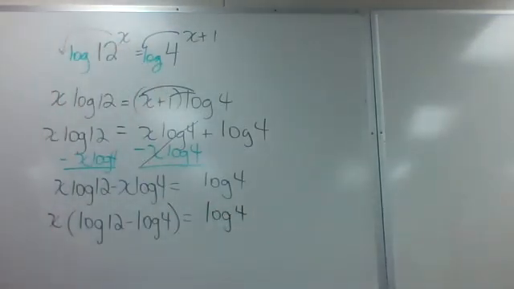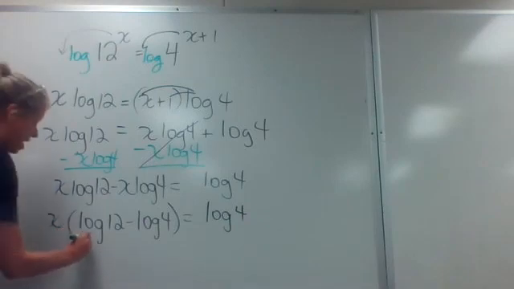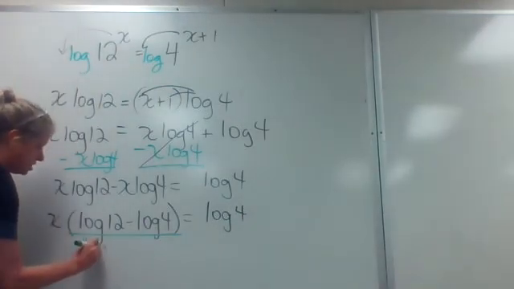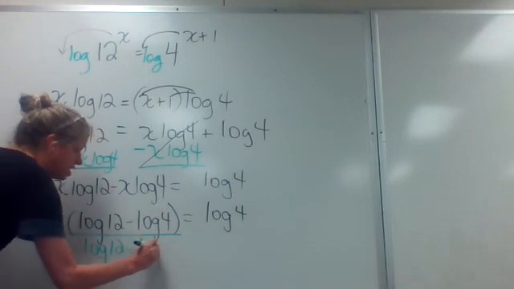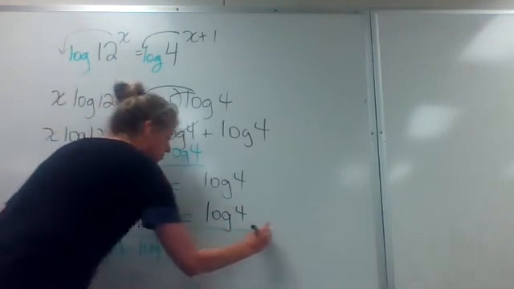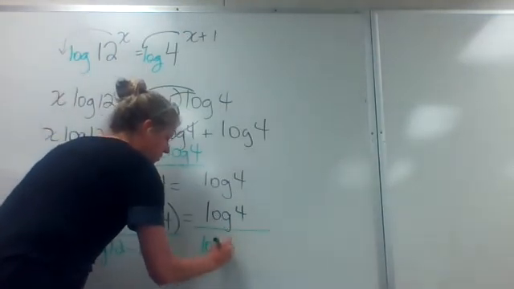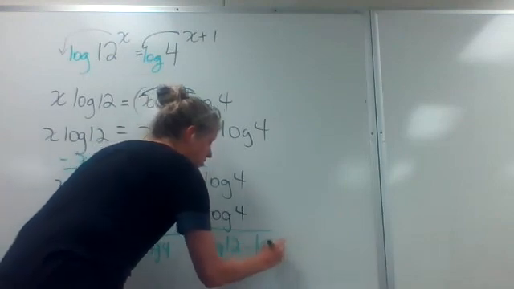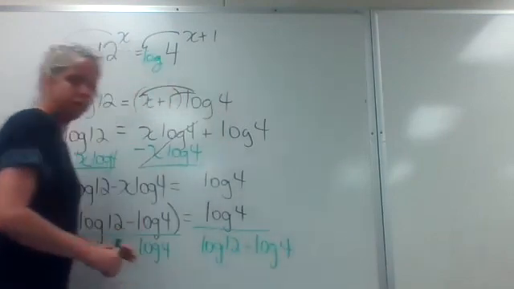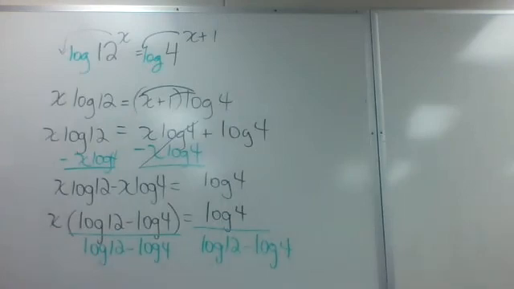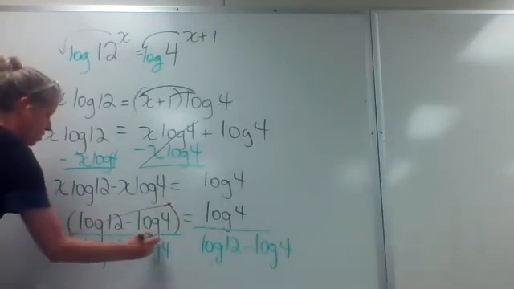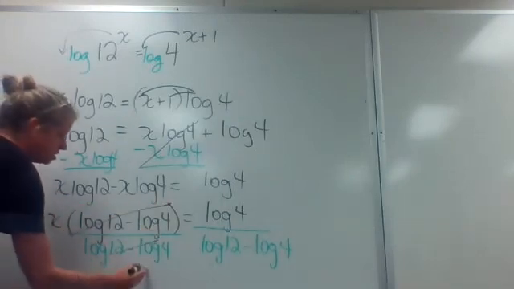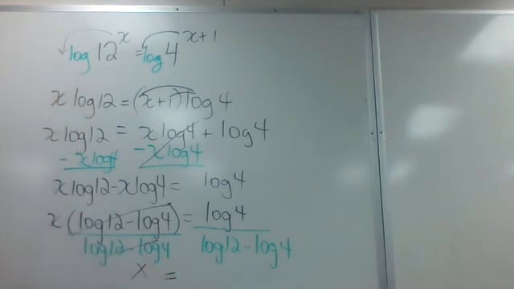So to get this x by itself, I just need to divide by everything that's in this parenthesis. So log 12 minus log 4. Now, remember, you got to be careful when you're typing this one in. So these are going to cancel. That's going to be my x by itself.